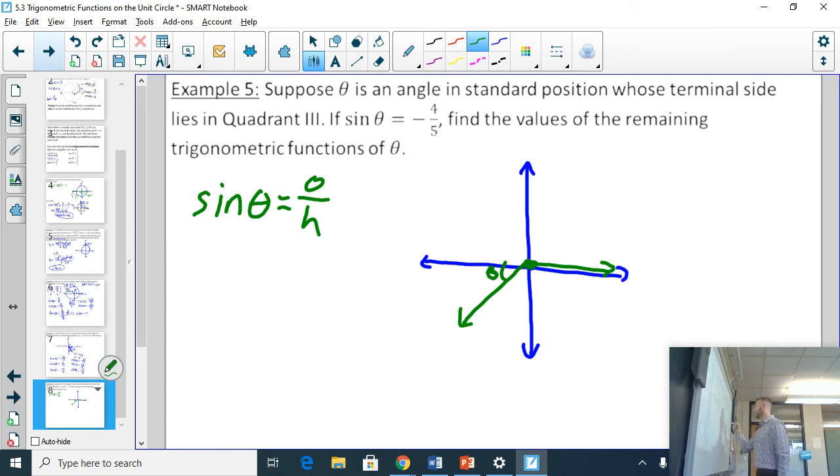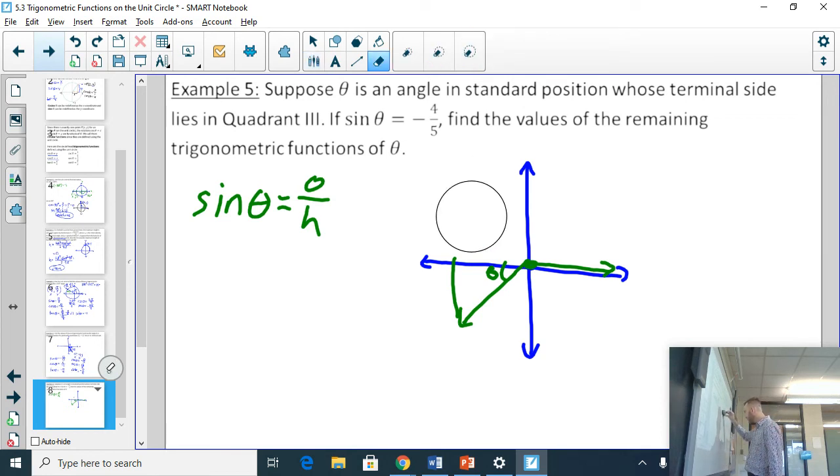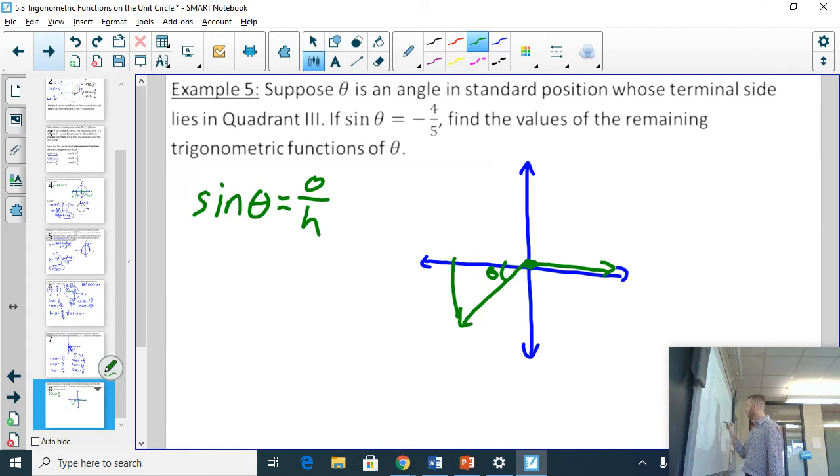So I can make a right triangle here, and 4 is opposite of that angle. So we have 4 this way, and then over hypotenuse is 5.